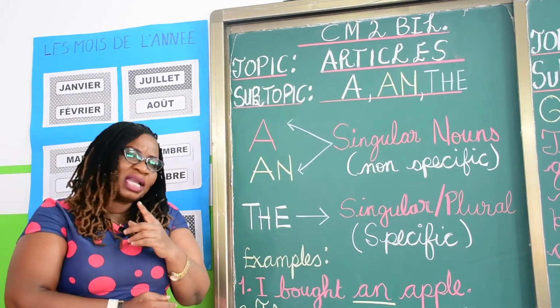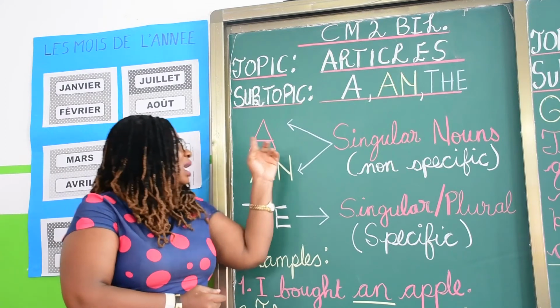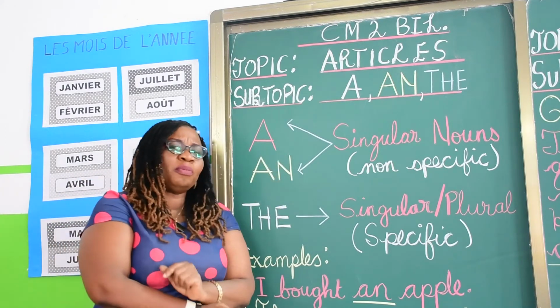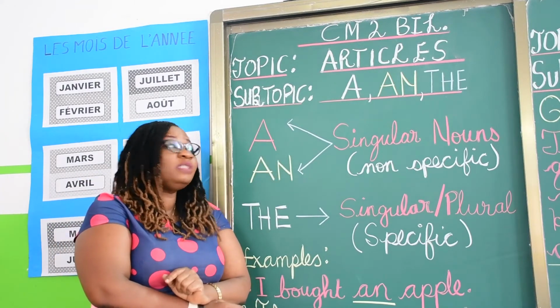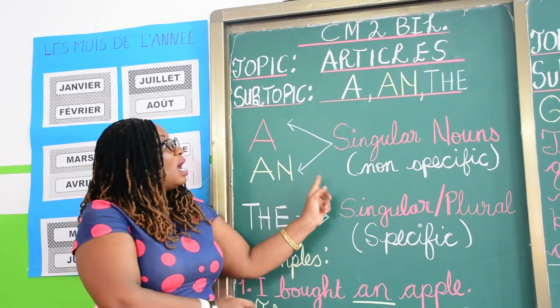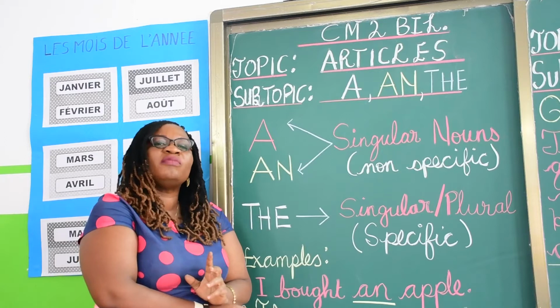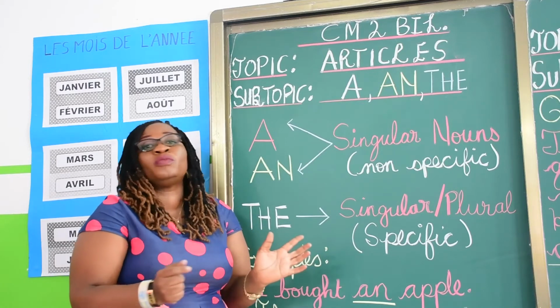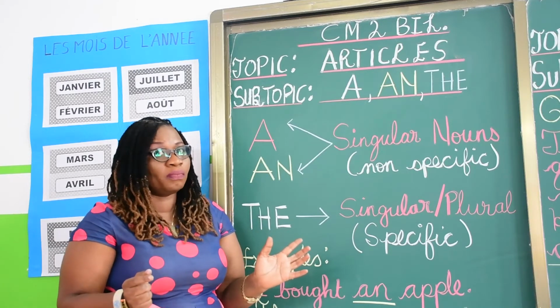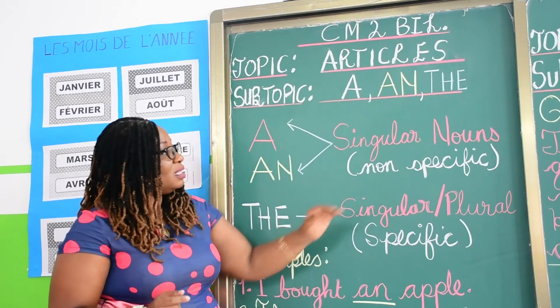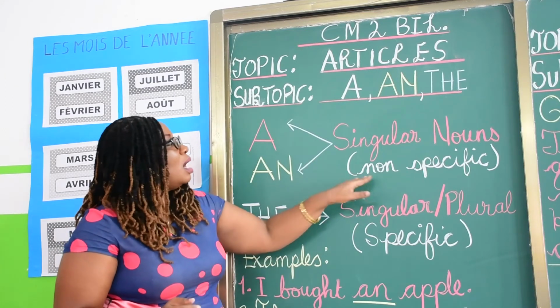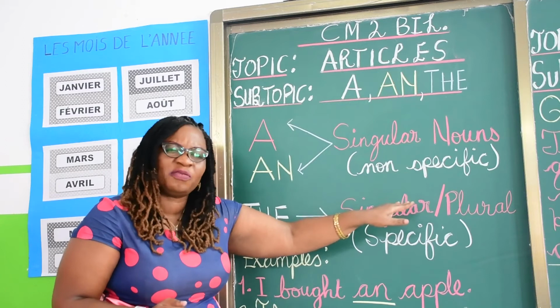And did you realize that when I was using a and an, I never used it for plural nouns? It is because a and an are singular. So we use them for only singular nouns. You cannot use them for plural nouns. And we also go on to say that a and an are non-specific.